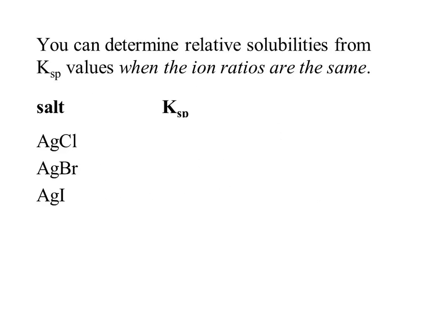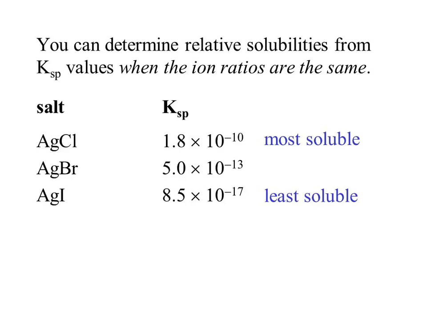These are all just AB, because you have one cation and one anion. So as they're written with decreasing Ksps, so also they're written with decreasing solubility. If they're the same pattern, you are comparing apples to apples. If they're not, then you really can't directly compare the Ksp with the solubility.